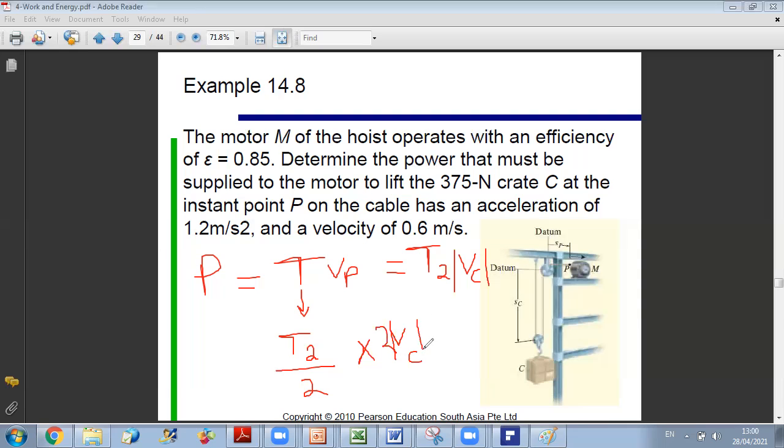Here I'm talking about absolute values. And then what will happen is that the 2 will be simplified, and this is why they are equal, because it's true that the tension T2 is higher, it's double, but VC is VP over 2, okay?